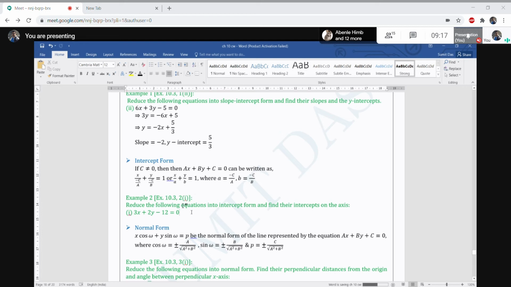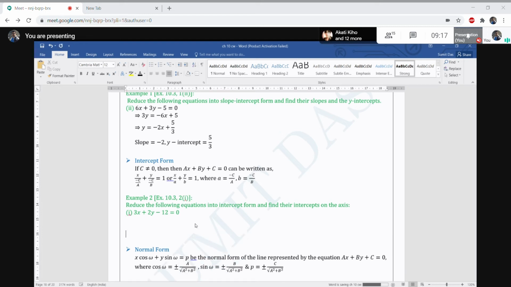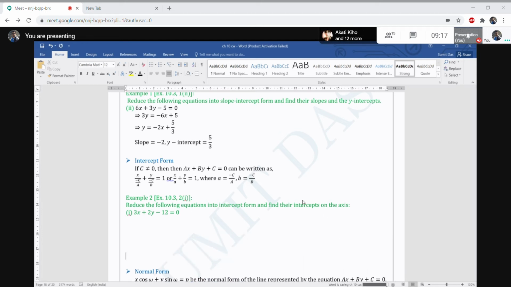So this question is saying: reduce the following equation into intercept form and find the intercepts on both axes. So the rule is the same.